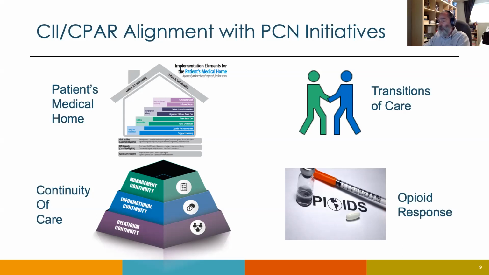And the opioid response maybe is not quite as obvious, but one of the things that CI CPAR can enable are notifications to physician EMRs to let them know when their patients have had a touch point in the healthcare system. And particularly if an at-risk patient is in a hospital and a physician is alerted, they can do some follow-up to make sure that the at-risk patient is looked after.